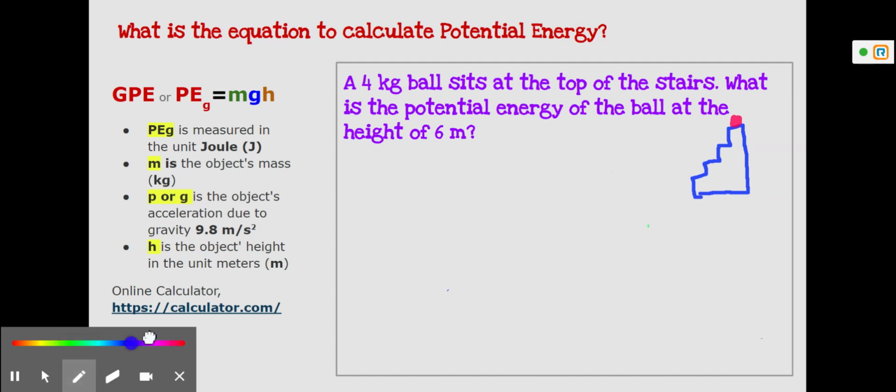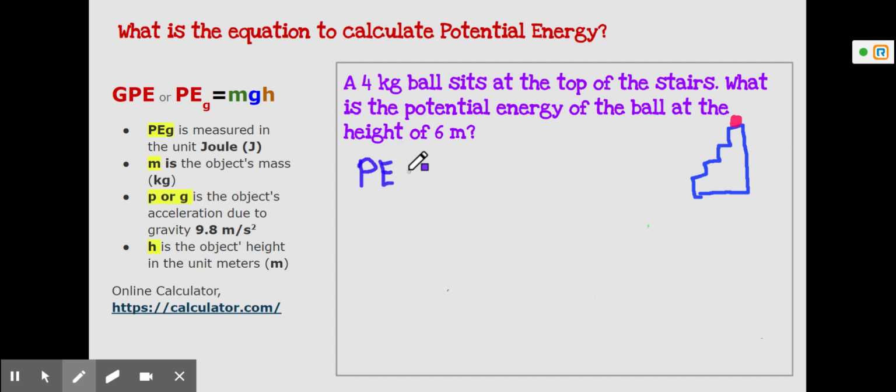Let's set up this problem and see what potential energy that ball has. Potential energy equals m, is mass. Mass, that's 4 kilograms. This ball is 4 kilograms in mass. Times g.